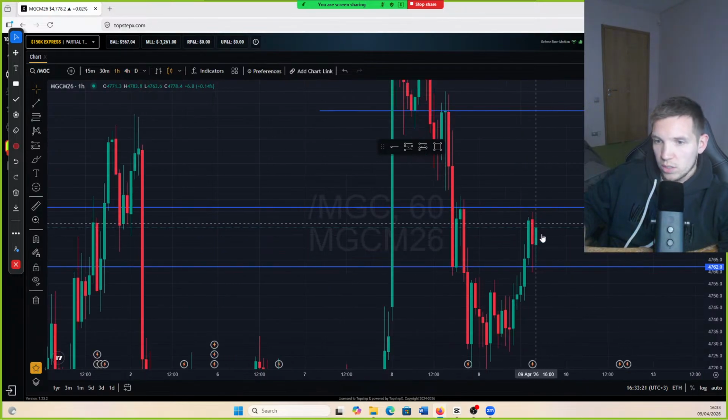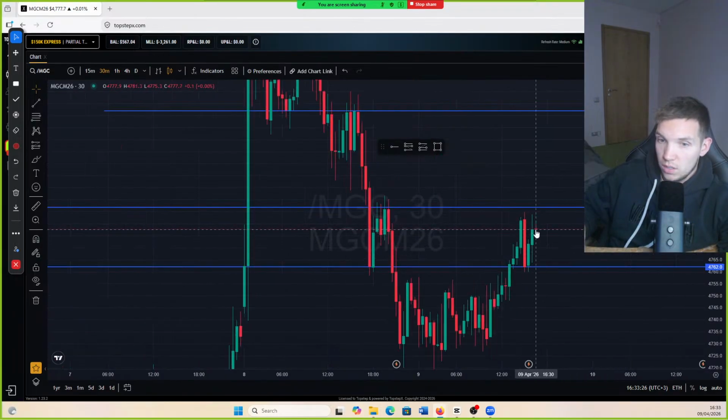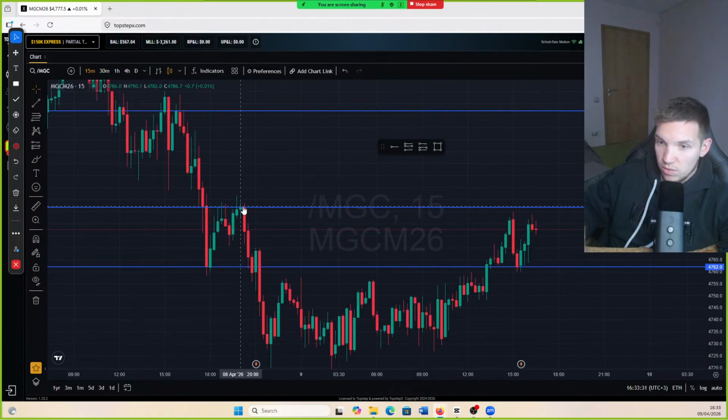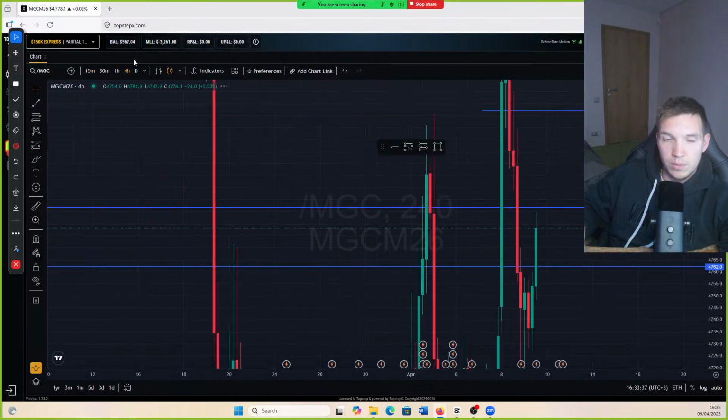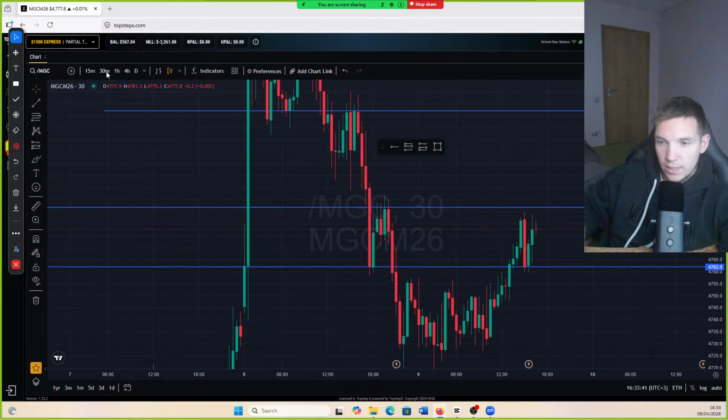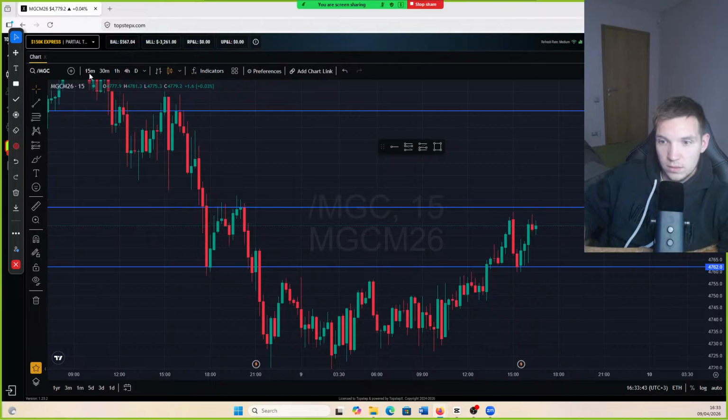And if 1 hour can create a new support and close above, a 30-minute close above, and a 15 close above this with a brand new support, that would be an A+ setup. But we need to wait for it. And trading is a waiting game, at least how I trade.